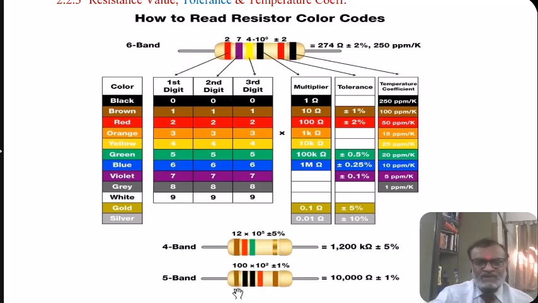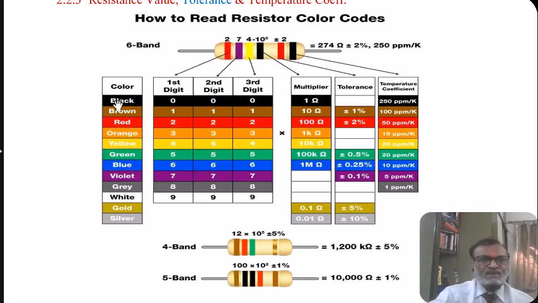If you see, the value of the resistance is accommodated in the left side group of color bands, and the extreme end color bands are used for other properties like tolerance and temperature coefficients. The colors in the color code are marked from 0 to 9, that is from black to white.